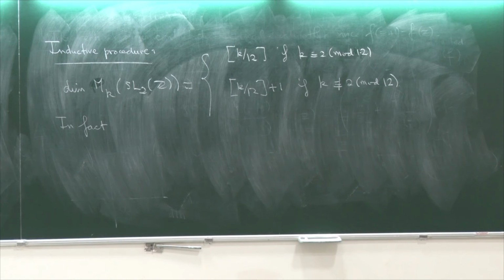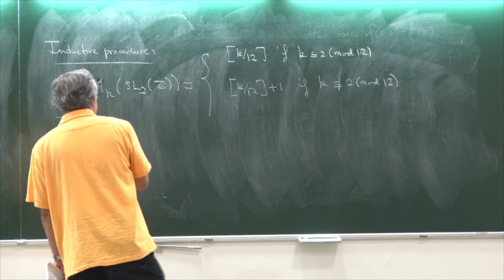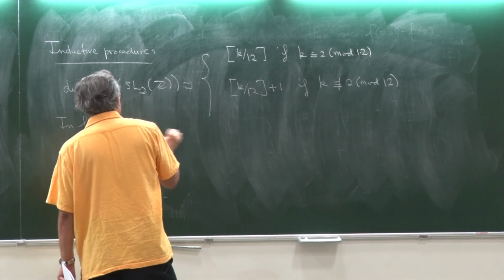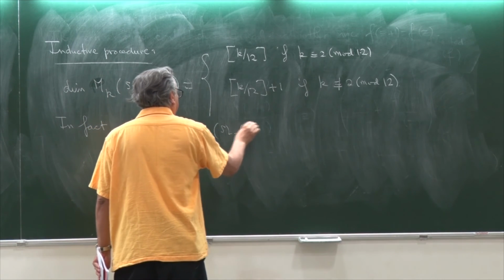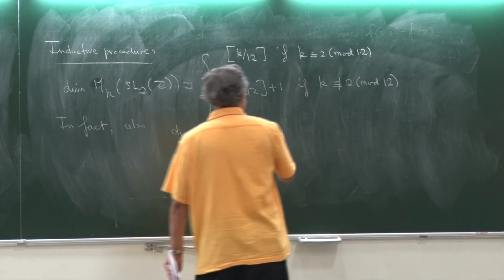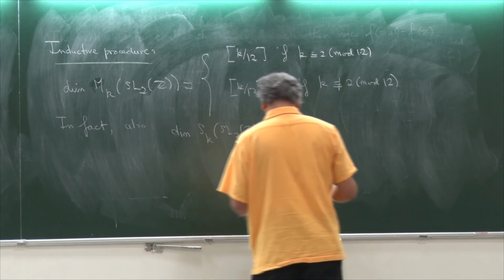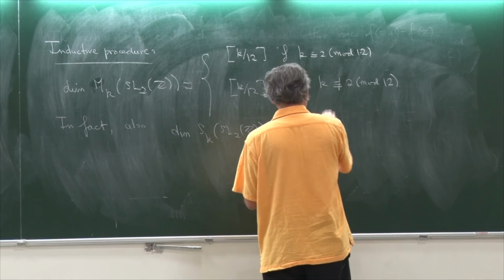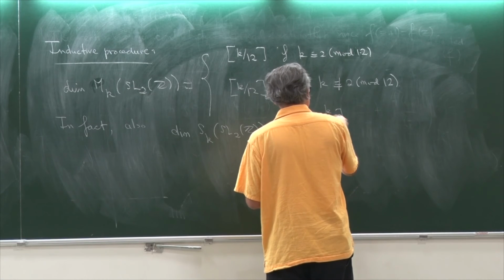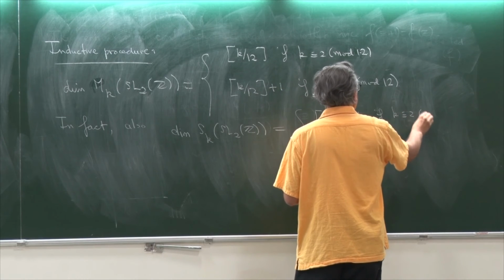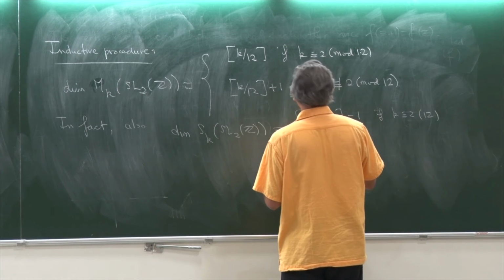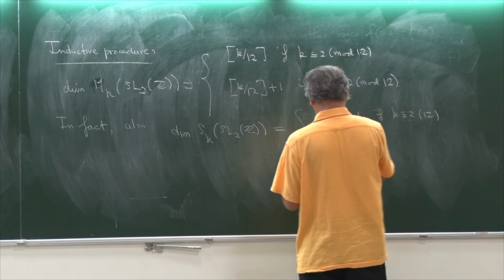So therefore, the dimension of the space of cusp forms is one less than the dimension of the space of modular forms. So you can, in fact, also get the dimension of cusp forms, which is k over 12 minus 1 in the one case, and k over 12 otherwise.